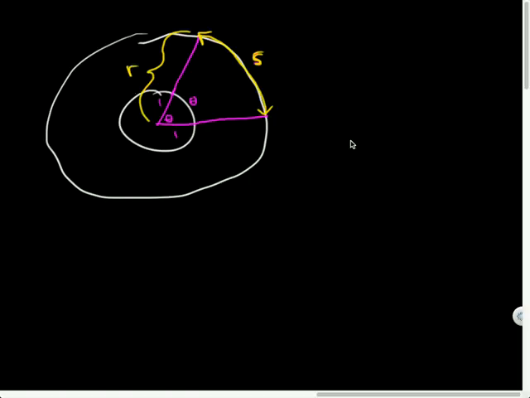So if I want to calculate the arc length of a non-unit circle, so it's got a different radius than 1, I can set up this proportion: S over theta in radians should equal R over 1. You guys agree? So arc compared to arc should equal radius compared to radius. It's a proportion.